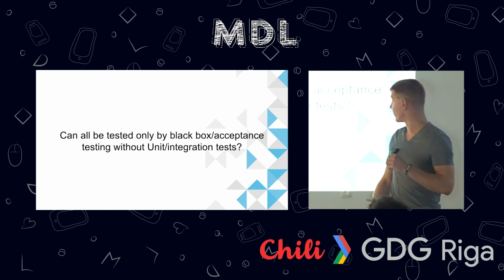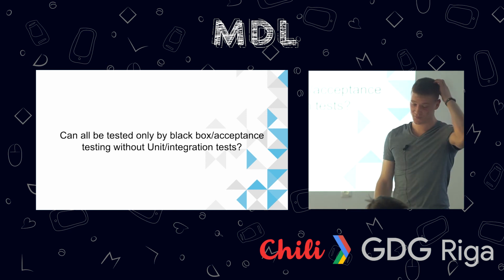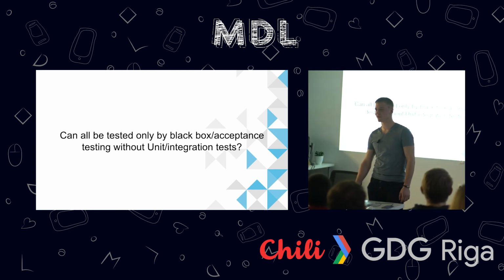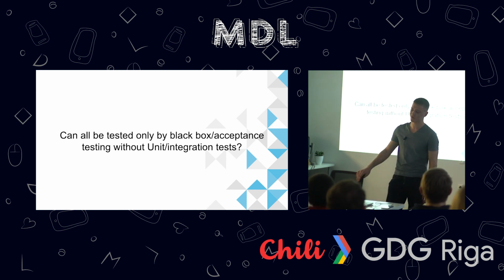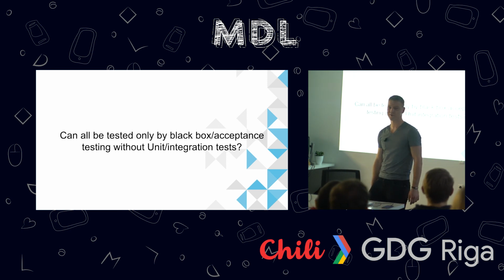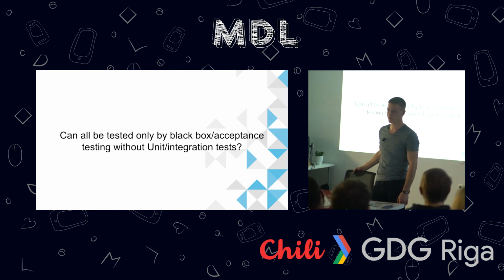I already mentioned the answer to this, but I'll try to get it from you too. Is it possible to cover all the code with black box automation without unit tests? If it's not possible, why not? It's possible. It's only a matter of how many resources you have.